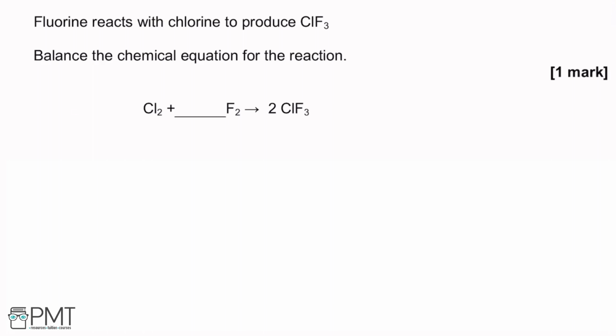The atoms that we've got present are Cl and F. Remember that the number of Cl atoms has to be the same on the left and the right, and that's the same with the number of F atoms. You need to have the same number of fluorine reactant atoms as fluorine product atoms.